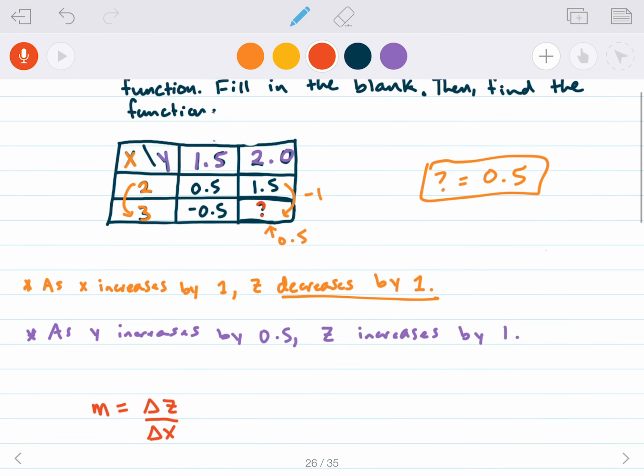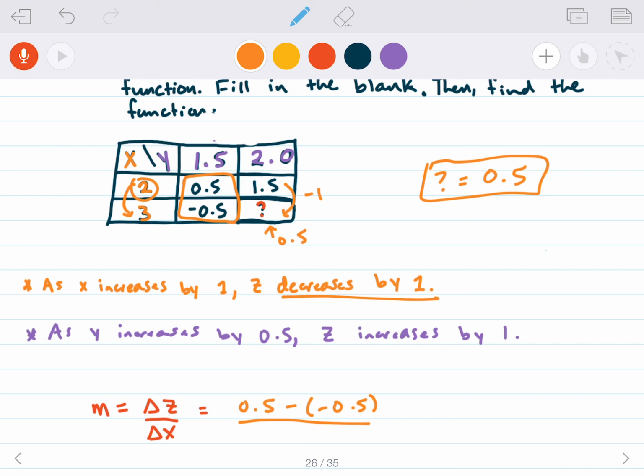Okay, so our slope m, so the change in z, we can really pick either of the columns, but if we pick this guy right here, well, the change in z is going to be the first z minus the second z, and that's going to be over the change in x.